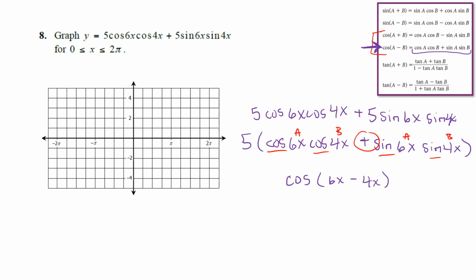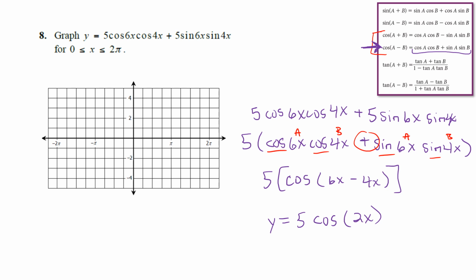I can then simplify this to 5 times the cosine of 2x. So y equals 5 times cosine 2x.